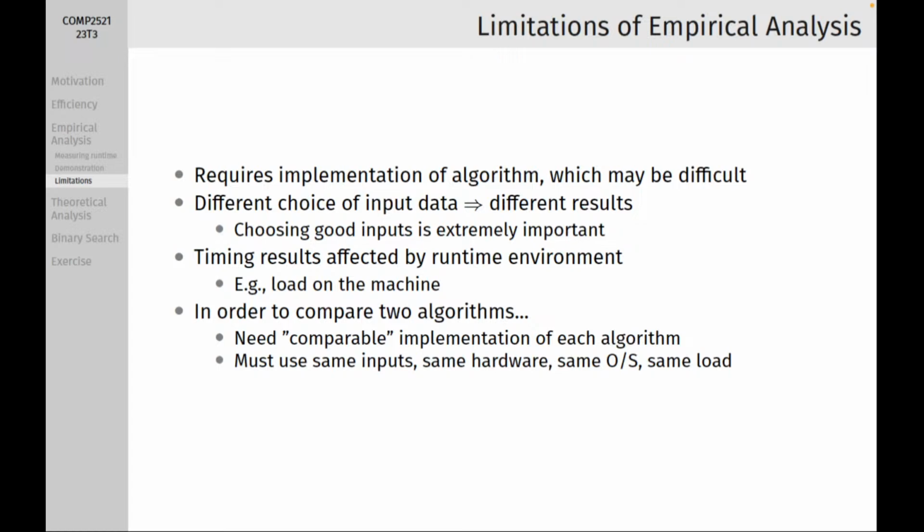And you'd want to make sure that they're compiled with the same compiler on the same machine. Then when you time the program, you have to use the same inputs. Make sure you run the programs on the same hardware. If you run them both on your laptop, that would be ideal. Same operating system and same load, right?